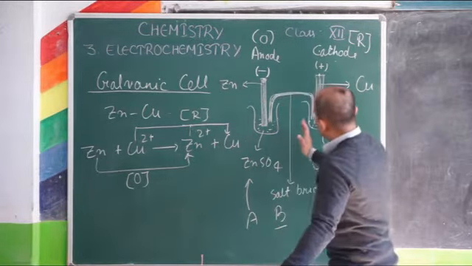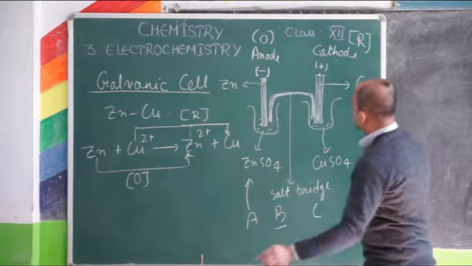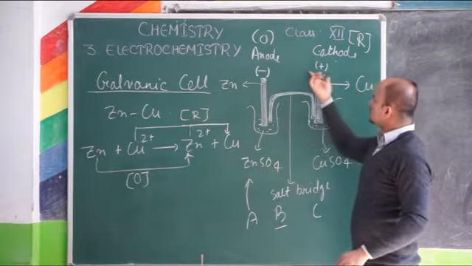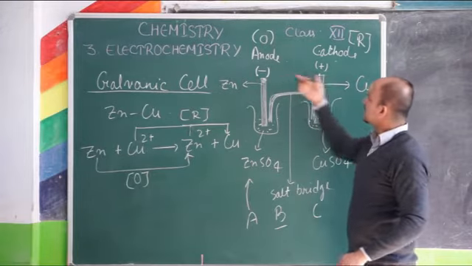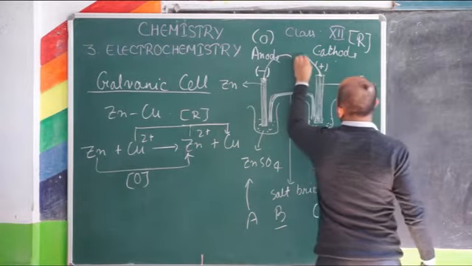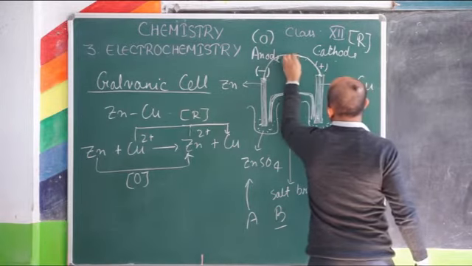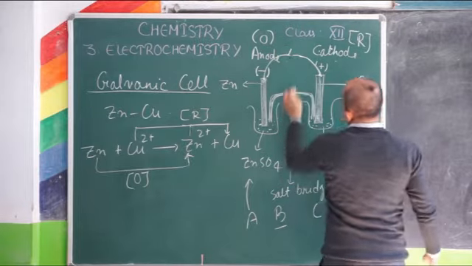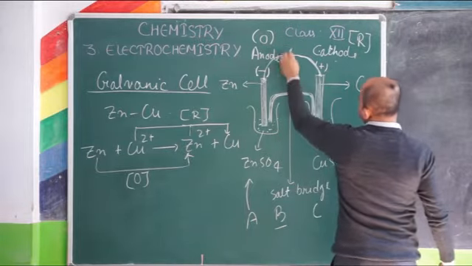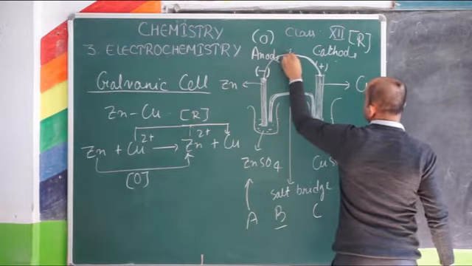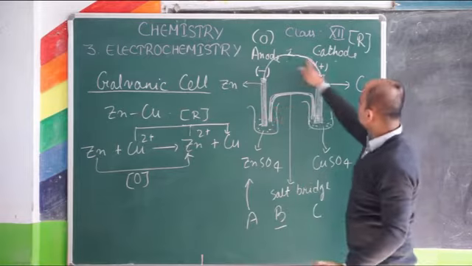Now, what you have to remember is whenever these two terminals, anode and cathode, are connected externally, suppose here you have a key. If this key is closed, it makes a complete circuit.